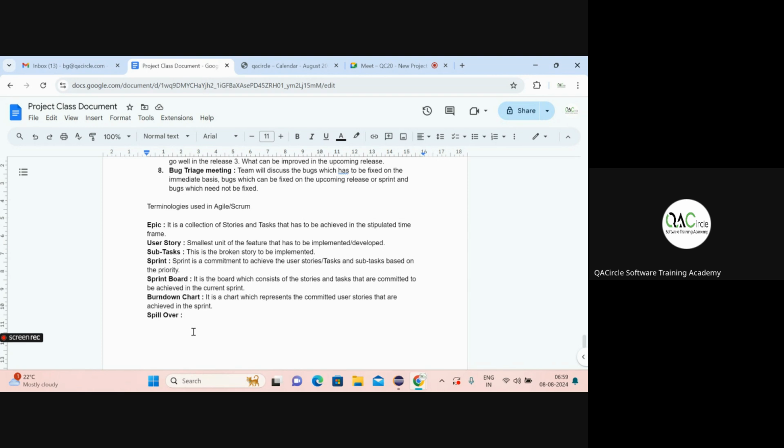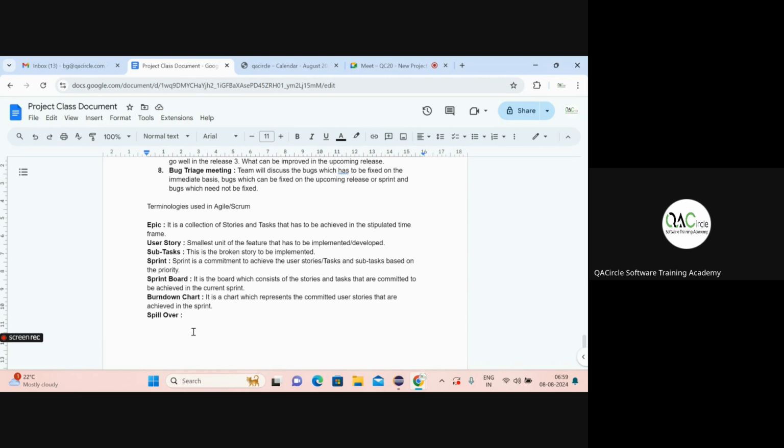Suppose the priority of a particular story is less, then they will include a story which has more priority in the sprint, and make the story whose priority is less a spillover. This way they use this terminology called spillover, which is not achieved in that particular sprint.